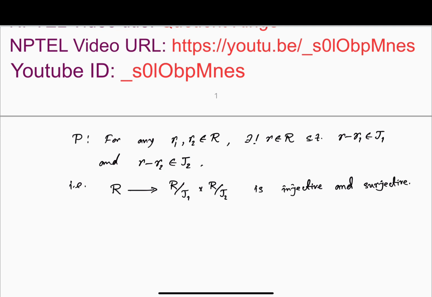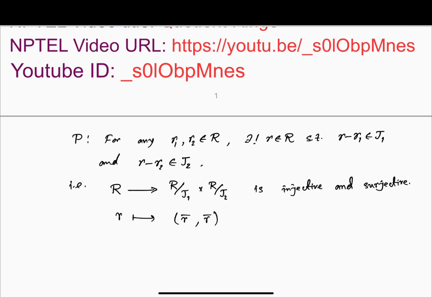Because surjectivity is saying that for any R1 and R2, R minus R1 is in J1, the coset, R goes to R bar comma R bar. So surjectivity means for any R1 and R2, R minus R1 in J1 means this is the equivalence class. If you take any element from R mod J1 and R mod J2, then you will find an R such that R minus R1 is in J1 and R minus R2 is in J2.